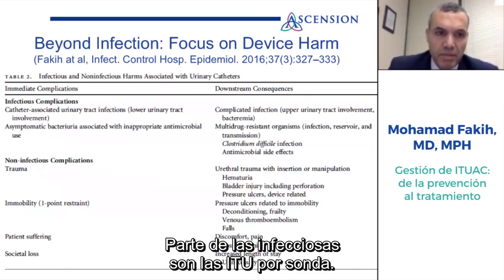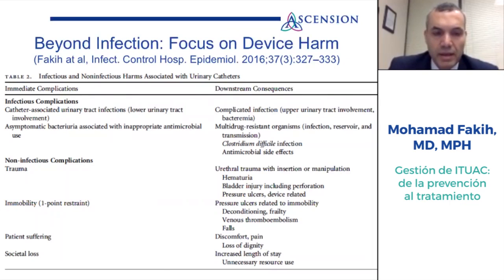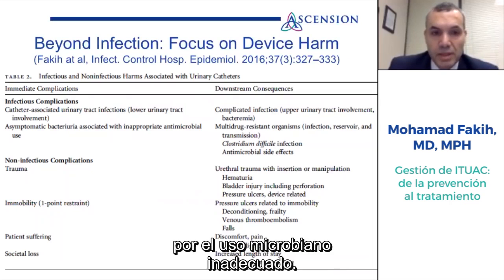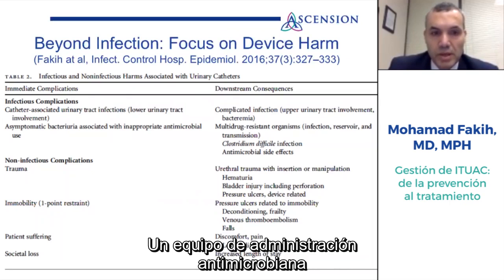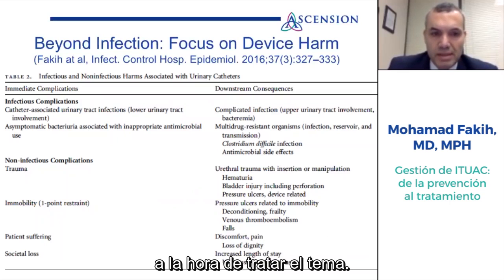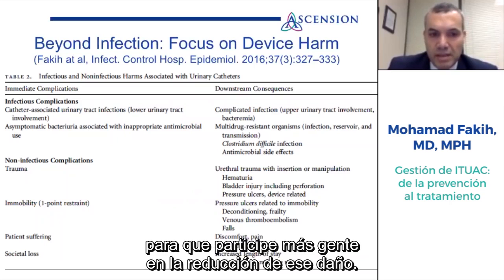Part of the infectious complications are catheter-associated UTI, and a big part is asymptomatic bacteriuria associated with inappropriate antimicrobial use. So if you have antimicrobial stewardship teams, I think it will be a great partnership between infection prevention and antimicrobial stewardship to address this issue, and then address with other key leaders the non-infectious complications to get more people on board to help you reduce that harm to the patients.